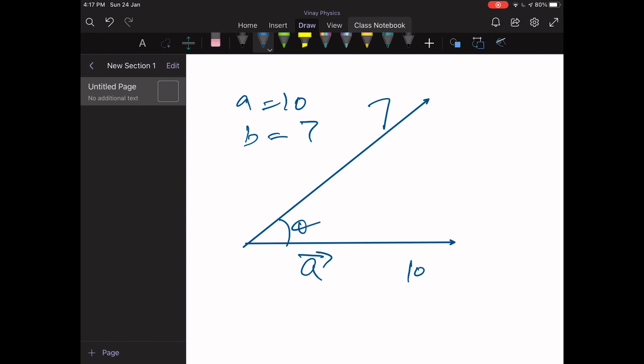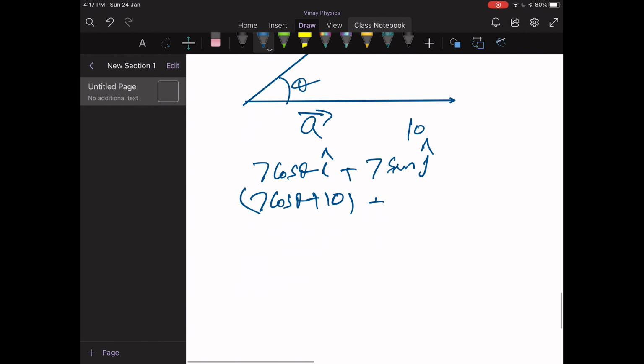So vector B would become 7 cos theta i plus 7 sin theta j. So that is how we have broken it up, and now if we wanted to add them up, this is going to become 7 cos theta plus 10, because the other vector is in the same direction, plus 7 sin theta.